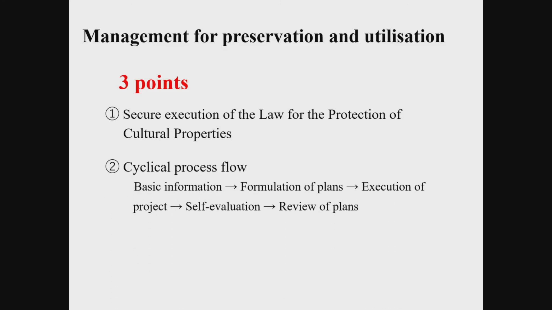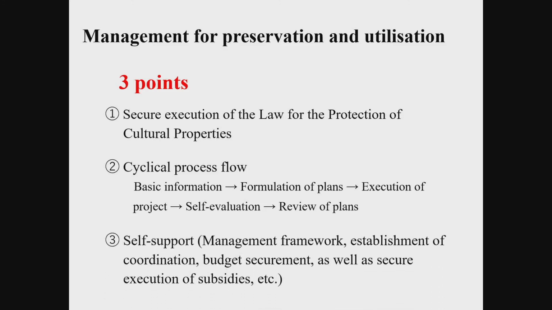A cyclical process flow of management explained in the previous slide should come next as another important point. You should keep following the cycle. Lastly, self-support comes. Besides establishing a management framework and coordination, it is desirable to be financially self-sustained. It is important to maintain the sustainable status in a reasonable way.